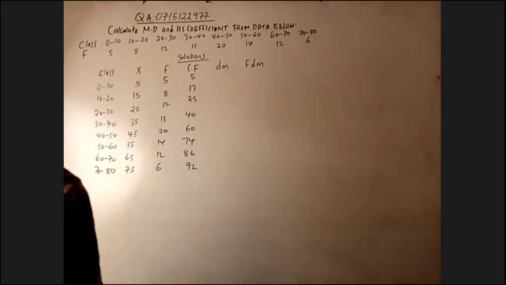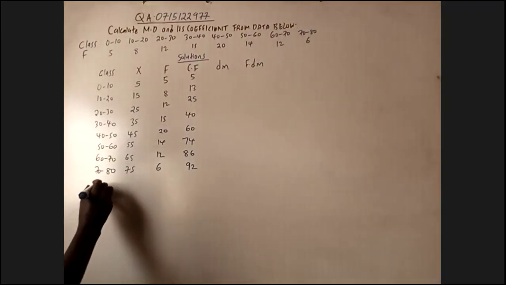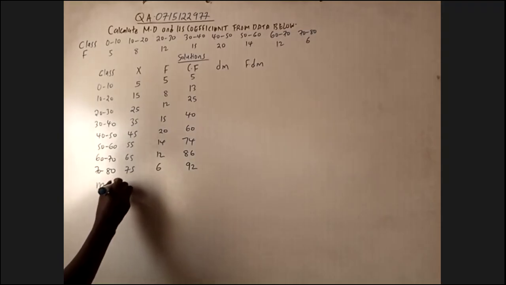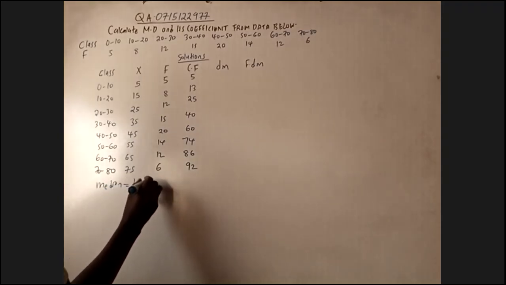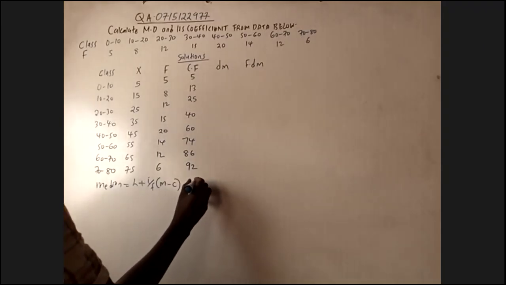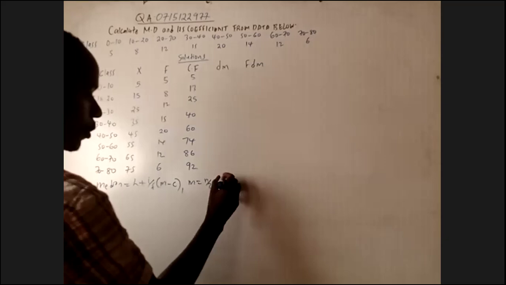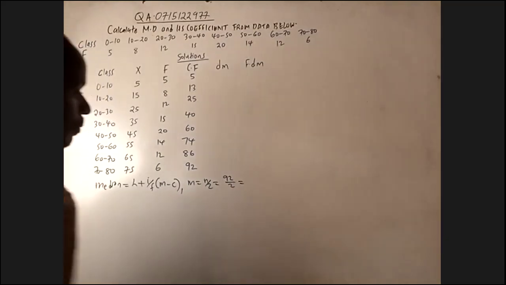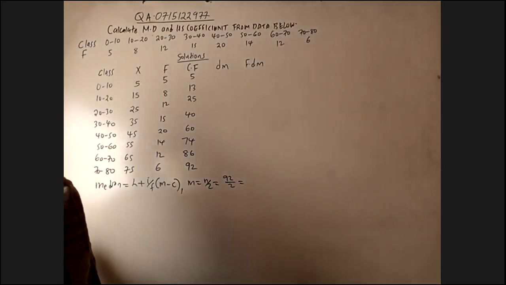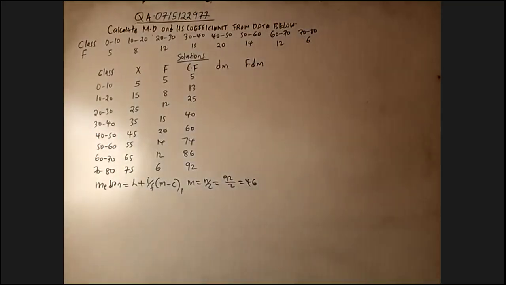We need to find the median. Now our median is L plus I over F, M minus C. But our M is N over 2, because 92 divided by 2. Is that correct? Yes. So where does it lie?